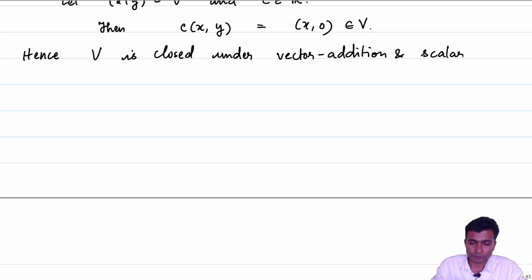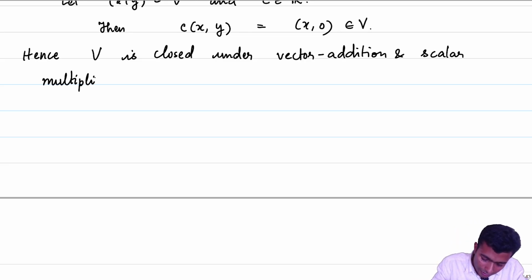And similarly, if you take any element x, y and any scalar, and look at the scalar multiplication as defined here, it gives us back an element in capital V. And therefore, V is closed under vector addition and scalar multiplication.